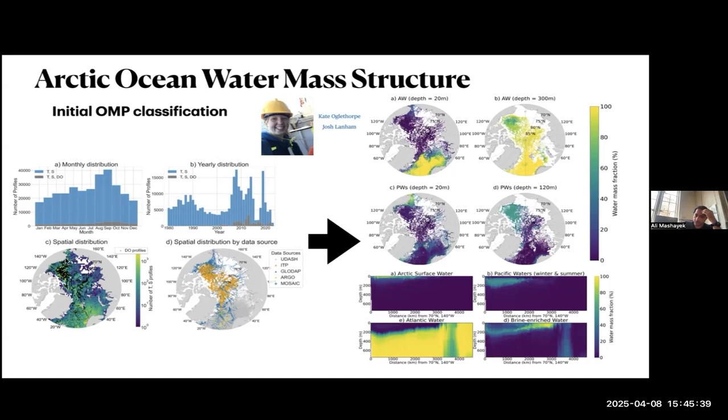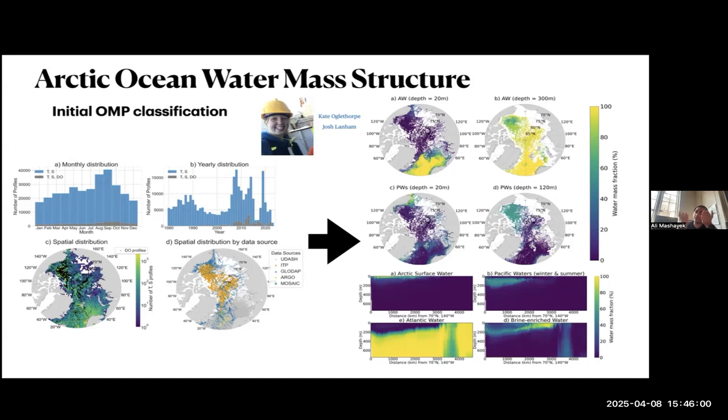So we are looking at the distribution of actual data from ice-tethered profilers, Argo profiles, ship-based data, and so forth. We've basically repeated the same thing in terms of training on temperature, salinity, and dissolved oxygen data, and then using machine learning to extend it to where we only have temperature.